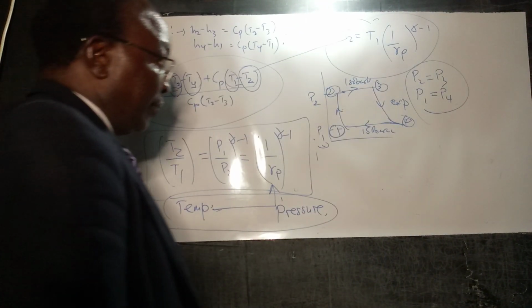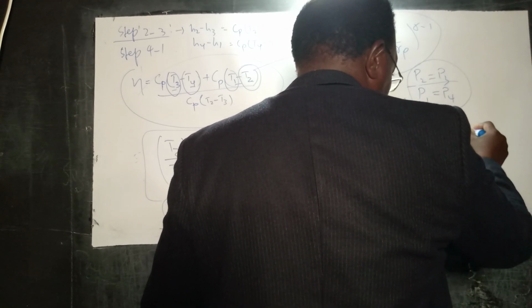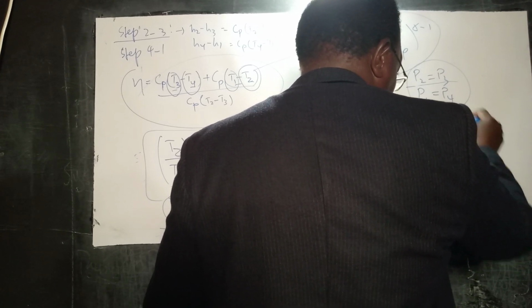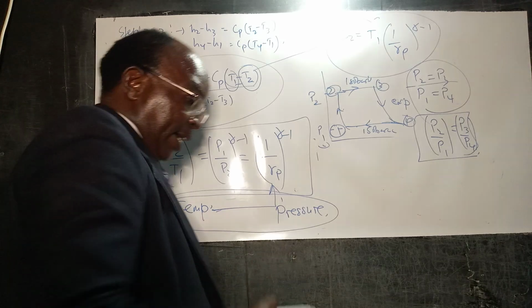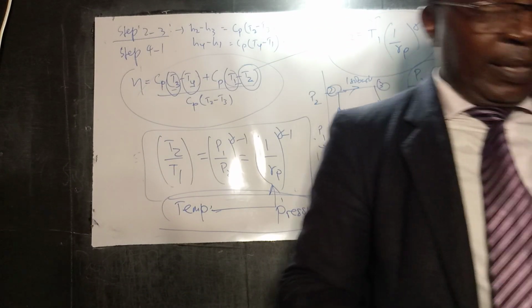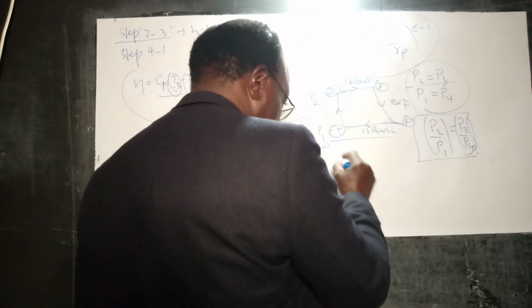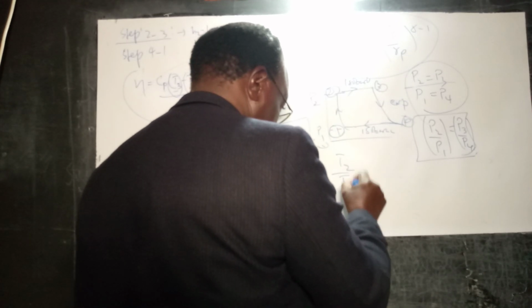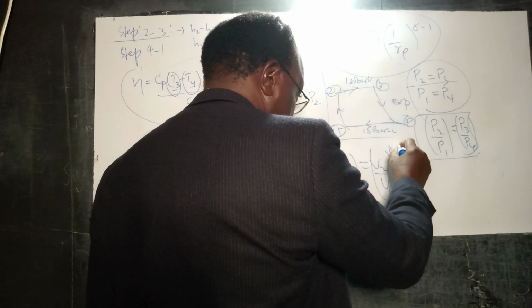And we can work with the ratio again, where we say P2 over P1 is equal to P3 over P4. And still use the expression which relates the temperature and the volume, which we have said for adiabatic, reversible: T1 over T2 is V2 over V1 to the power gamma minus 1.